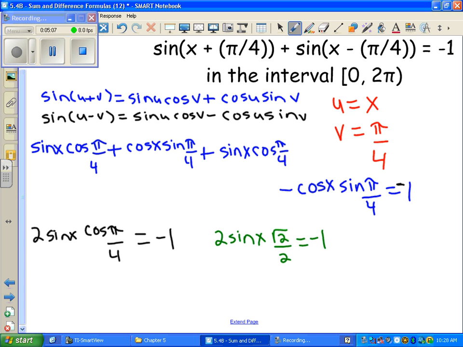When I'm solving an equation, I want to get my trig expression by itself, and then I can find x. So I need to move this root 2 over 2 and this 2 over here. Notice that before I even start moving things, those will cancel. This is just multiplication straight across, so those 2's will cancel. And so now I'm left with sine of x times the square root of 2 equals negative 1. So now I'm going to divide both sides by the square root of 2.